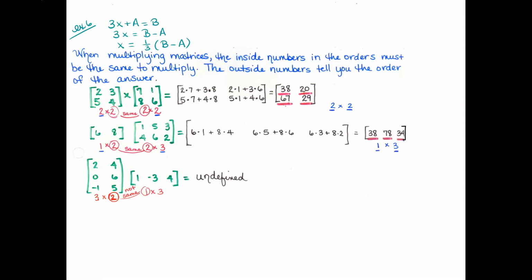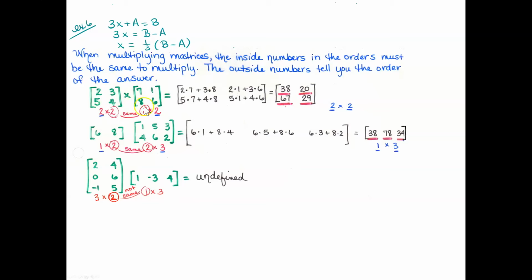If I want to know what goes in the first row, first column, I multiply the first row times the first column. So I'm going to take 2 times 7 plus 3 times 8. So 2 times 7 plus 3 times 8 is where that 38 is coming from.